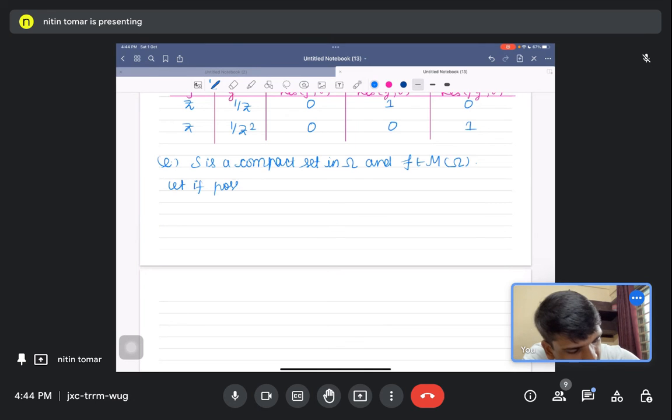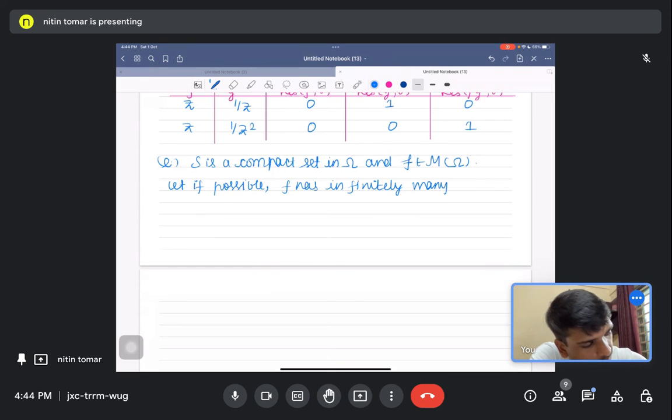Now, let, if possible, f have infinitely many poles. The only singularities f can have are poles, right? Because f is a meromorphic function, and by the very definition a meromorphic function can have only poles as singularities.